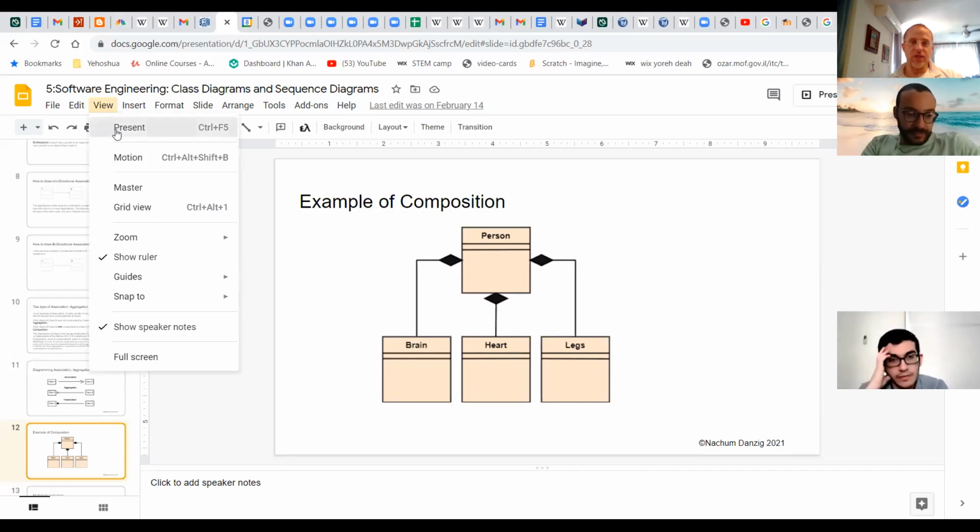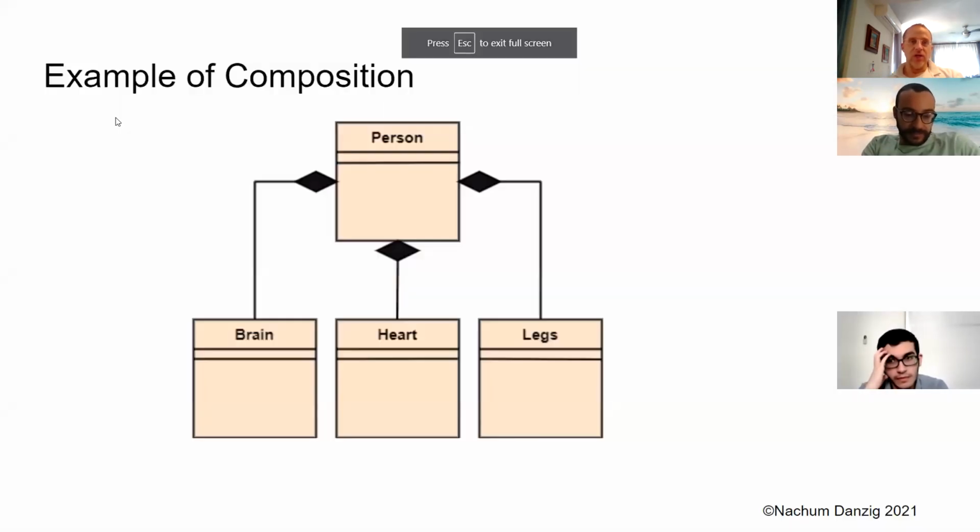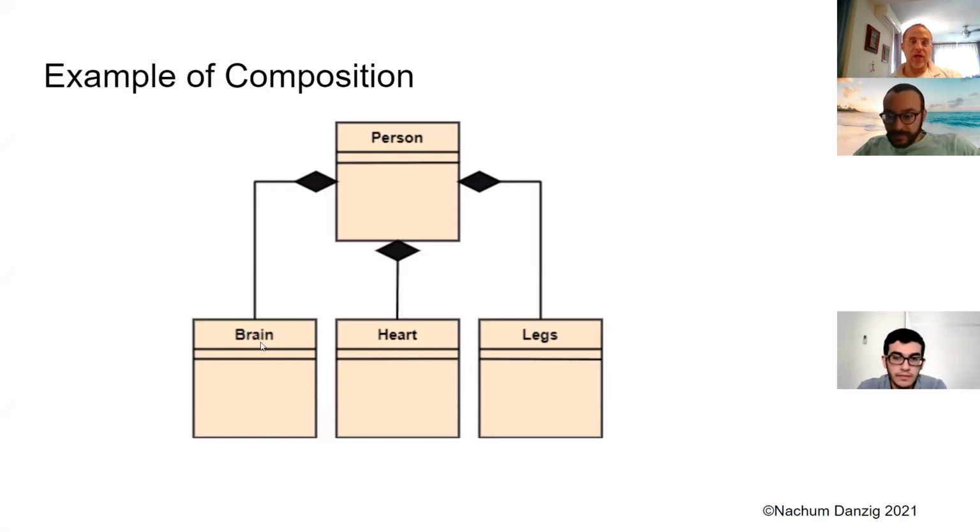Okay, so we have an example of composition where a person is composed of a brain, a heart, and legs, in the sense that if a person dies, his brain doesn't continue living and his heart doesn't continue living.